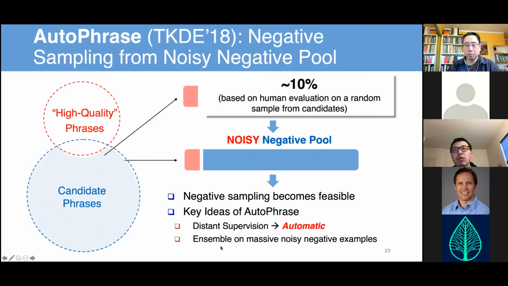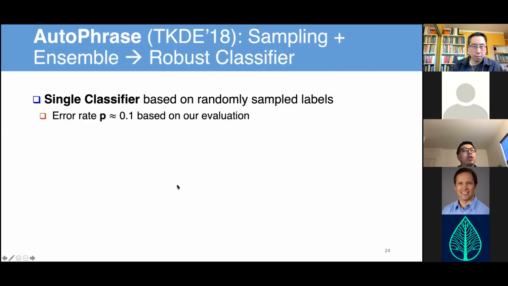And we can also do some ensemble learning here to denoise. To be more specific, we can train a single classifier based on randomly sampled labels. We can sample a subset from the positive pool and sample an equal size subset from the negative pool. And we know that the error ratio will very likely be related to the noise ratio, which is about 10%.